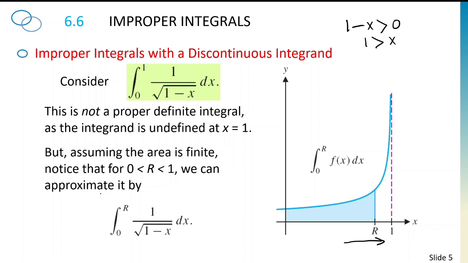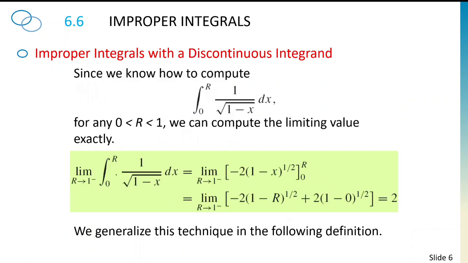So we can find an approximation for this area under the curve. We'll take the integration from 0 to r, and then take the limit as r approaches 1 from the left. Remember, this negative sign means that it's coming from the left side.